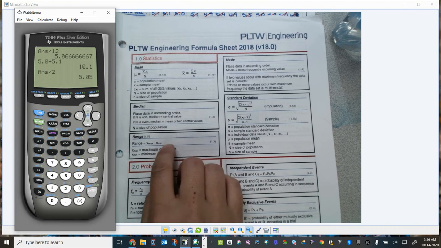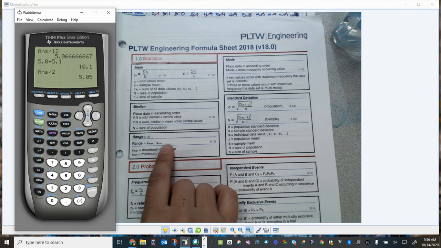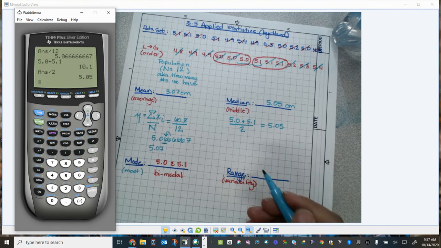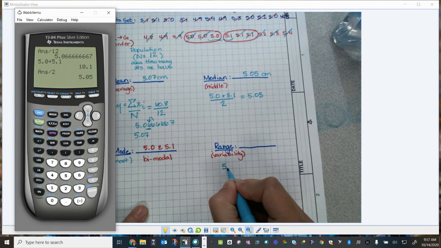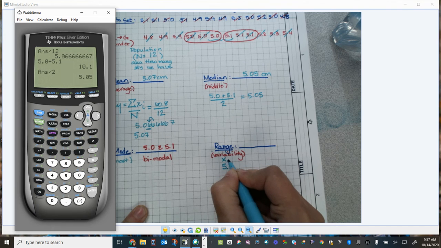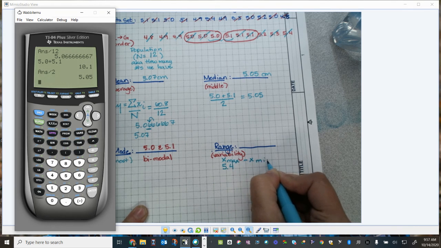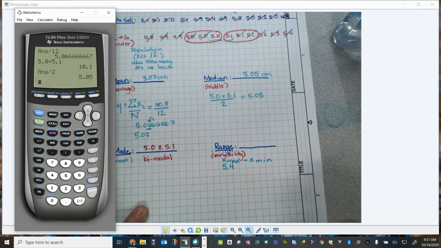Our range here is a measure of variability. A range is where we take the maximum value minus our minimum, biggest minus smallest. In this case, it would be 5.4, or x max, minus x min is how we find our range.